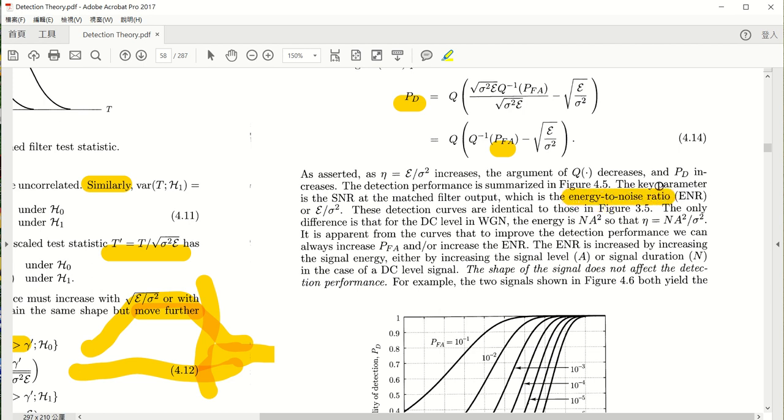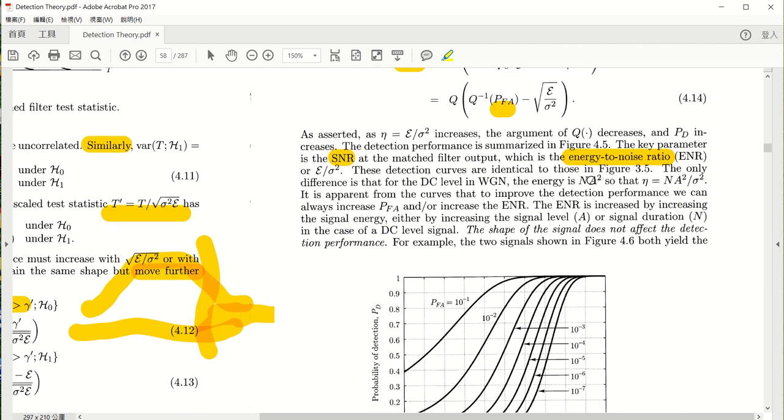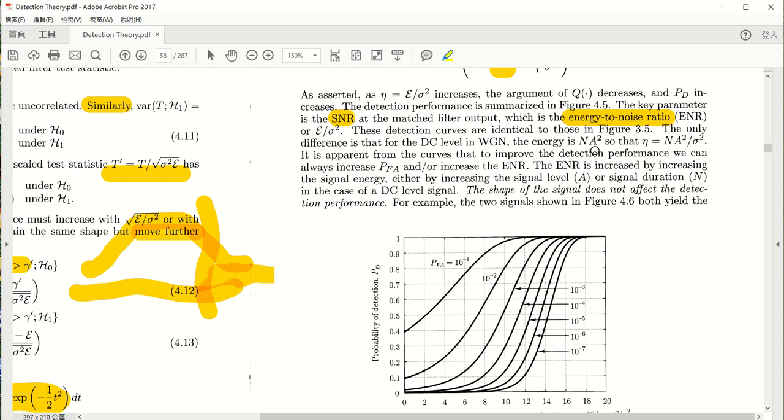It has many different names, or SNR, but it doesn't matter as long as you know what it is in your context. Okay, so now we have this SNR as the parameter.